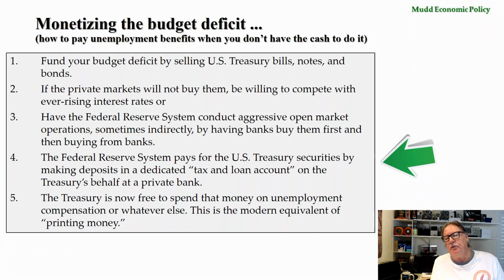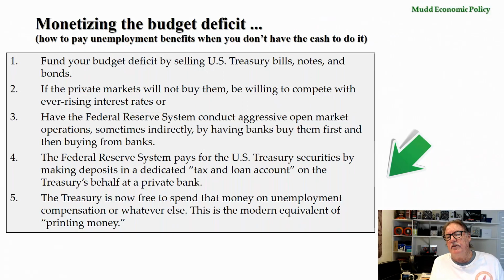The United States Treasury writes its checks out of private banks. They're processed by private banks. And so the accounts in which the cash is held are called tax and loan accounts. Basically those accounts are built up in cash value. Then the U.S. Treasury can spend whatever money it needs to spend to get things done. So the Treasury is now free to spend that money on unemployment compensation or whatever else.